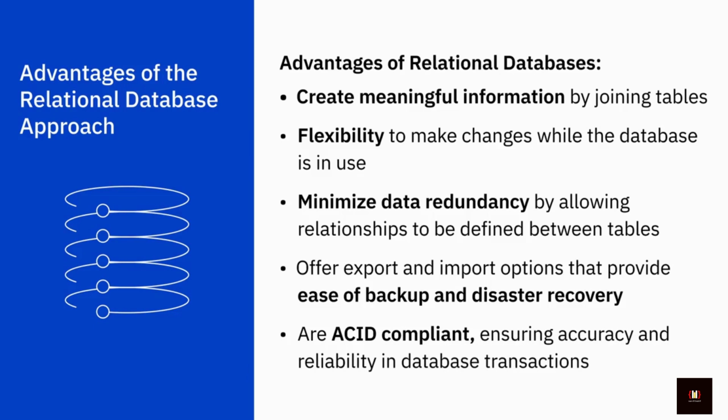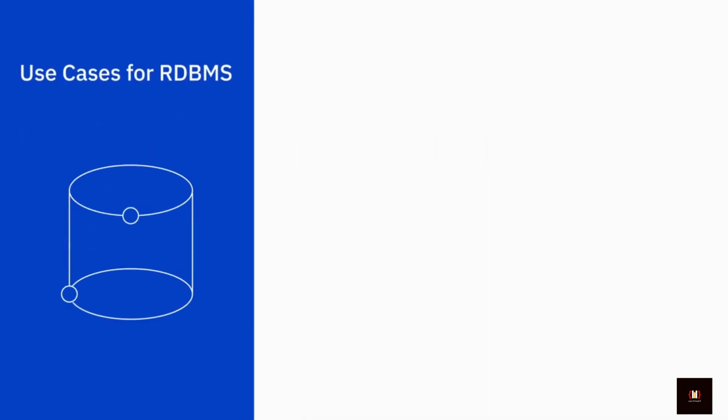ACID compliance. ACID stands for atomicity, consistency, isolation, and durability. ACID compliance implies that the data in the database remains accurate and consistent despite failures, and database transactions are processed reliably. Now we'll look at some use cases for relational databases.